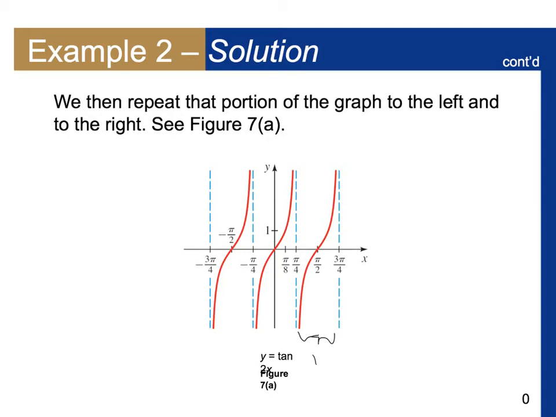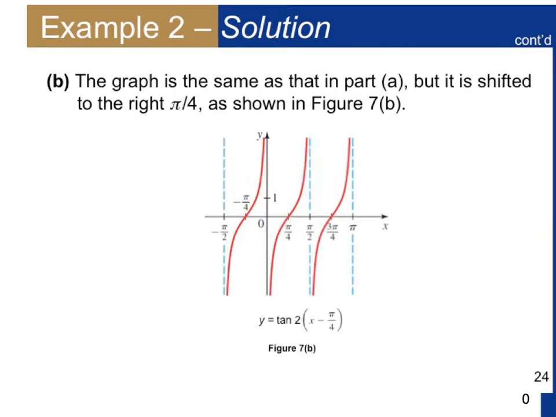Our cycle is now pi over 2, for each of these. It's going to be the same height. It's just that we made our cycle shorter. So the horizontal is compacted.